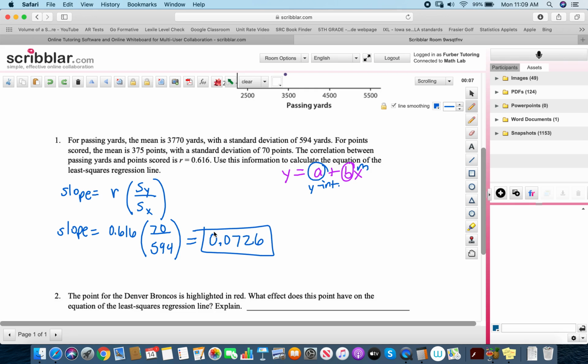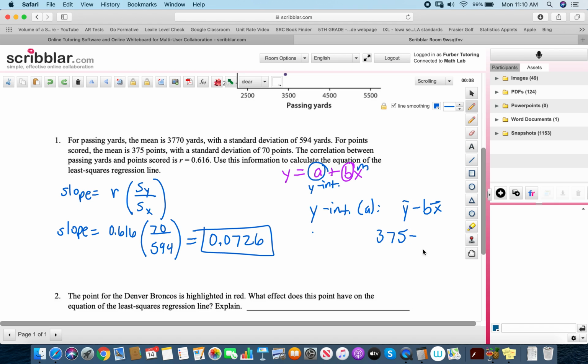That's the slope. Now remember, to find the y-intercept, the a value, it's like we're solving for a, right? So to find the y-intercept, which is a, we are going to subtract the bx, so y minus bx. And obviously this is mean. And so we just have to plug that information in. So we're going to plug in for the mean for the y, 375, that's the points mean.